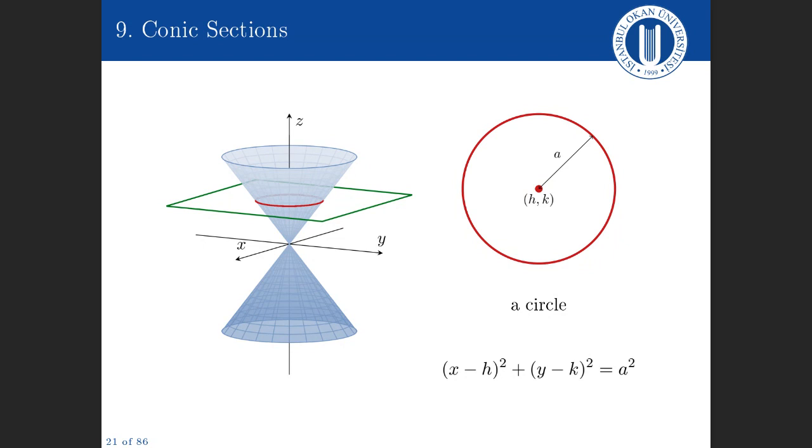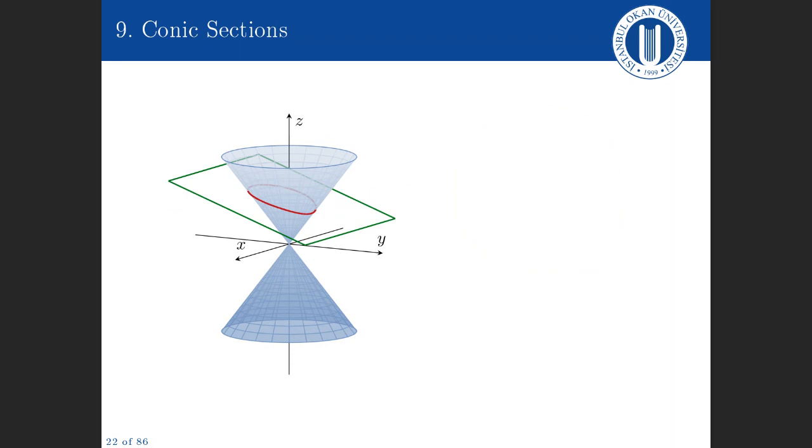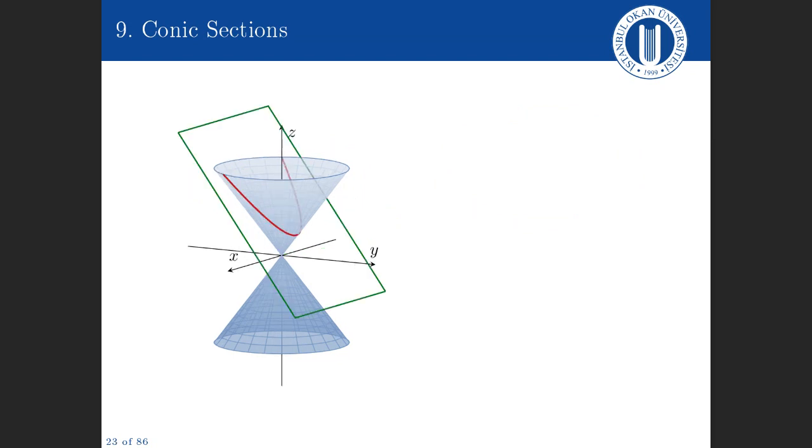Next, suppose that we slant our green plane a little bit. What is the intersection between the green plane and the blue cone? We have a shape which is called an ellipse. Let's make our green plane steeper still. And if I can quickly draw a two-dimensional picture, suppose we're looking from the side.